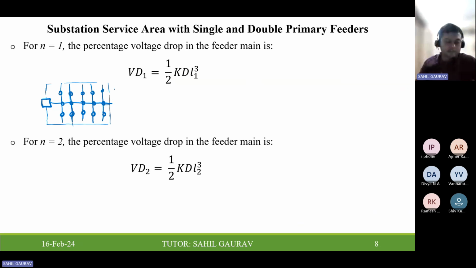So for this case, we have seen this L effective. L effective, we know, is L1 upon 2, where the total length of the feeder is L1. The area served by this primary feeder will come out as A1, and this is L1 square.